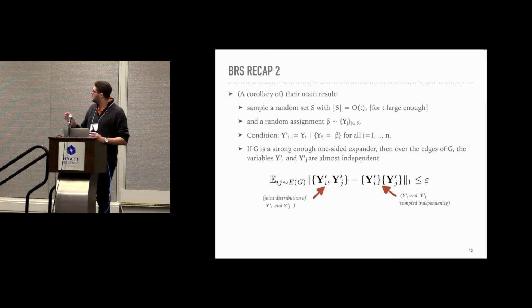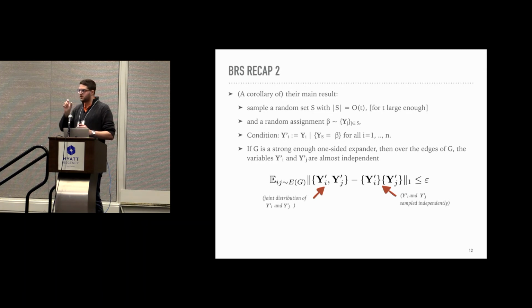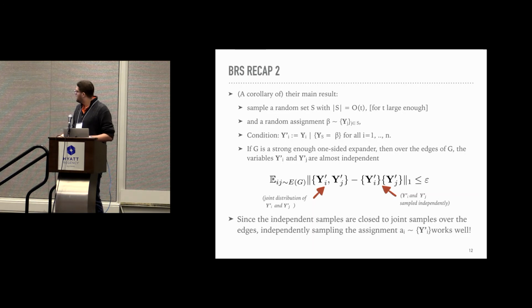And then they show if G is a strong enough one-sided expander, over the edges of G, I'm going to have little correlations. So this joint distribution of ij is going to be very close to the distribution of ij where I sample i and j independently. This is useful because the quantity on the right is something that I can sample by just sampling from every y_i prime.